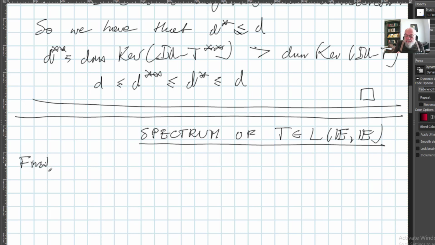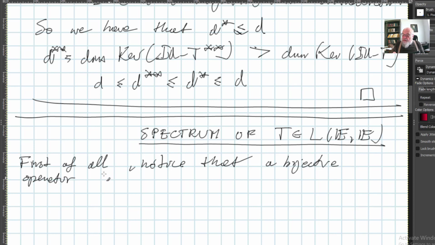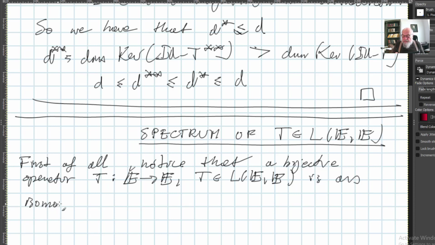So first of all, notice that a bijective operator T from E to E, of course T belongs to L(E,E), is an isomorphism.